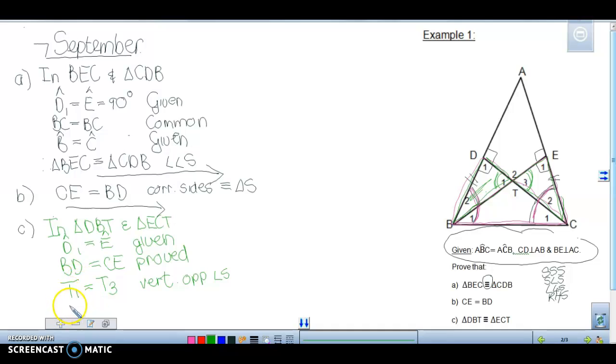That's enough. Therefore, I can say triangle DBT is congruent to triangle ECT, and my reason is angle, angle, side. Fantastic.